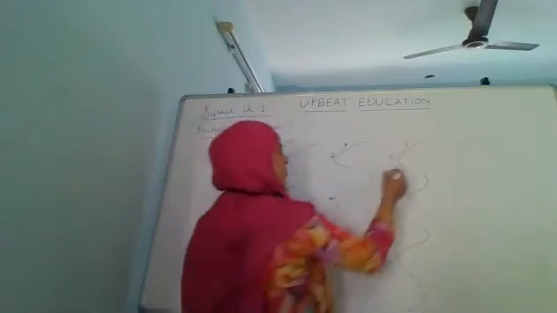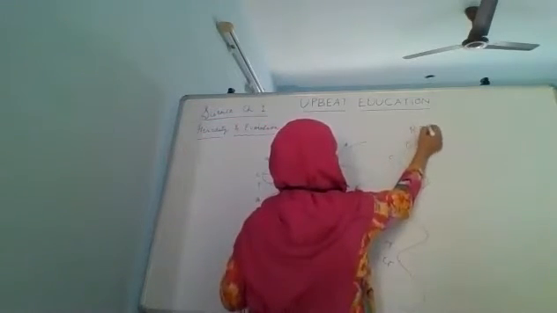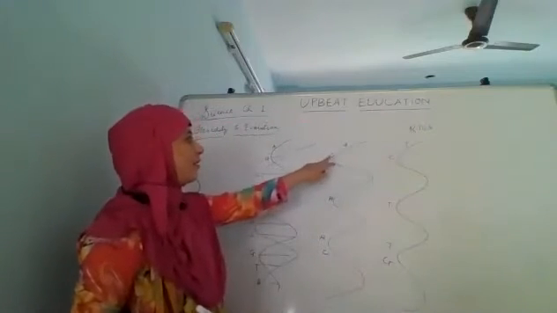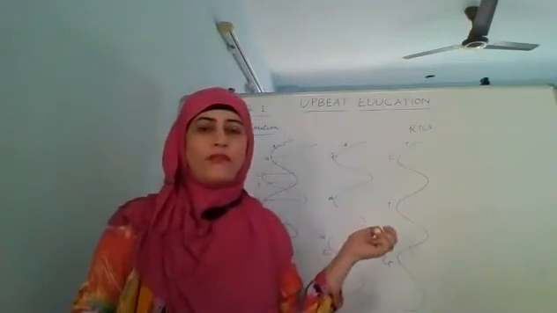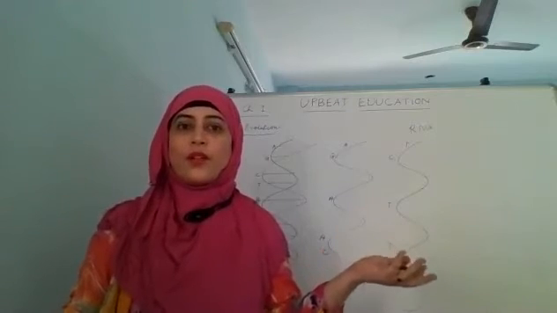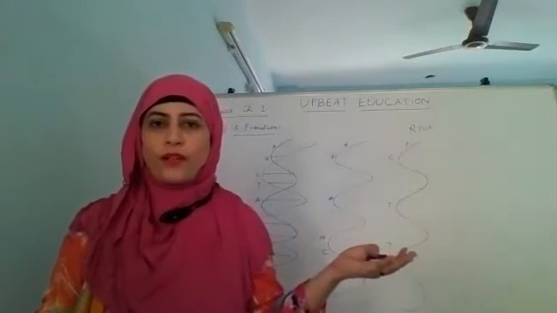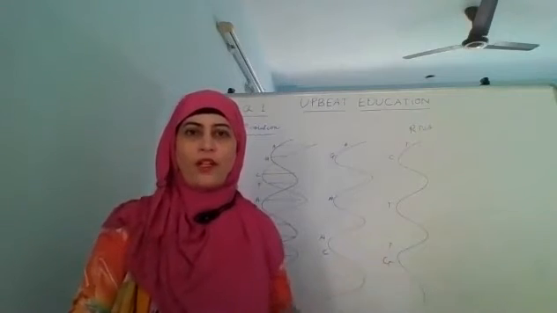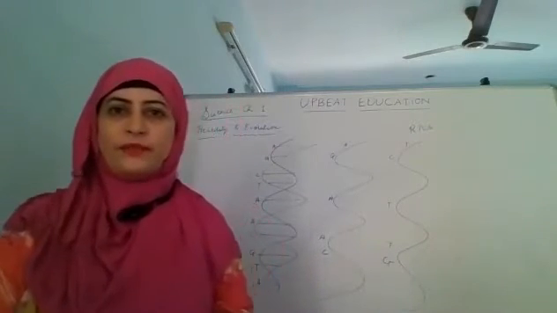But in the case of RNA which is formed, the single strand, which one of the four bases will it not have? Quickly tell me. You can see the textbook and tell me.